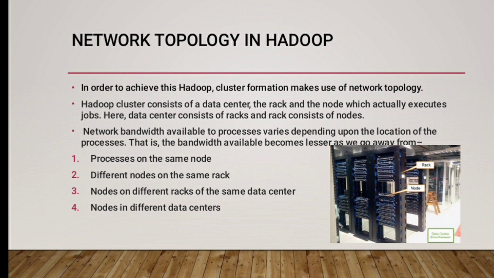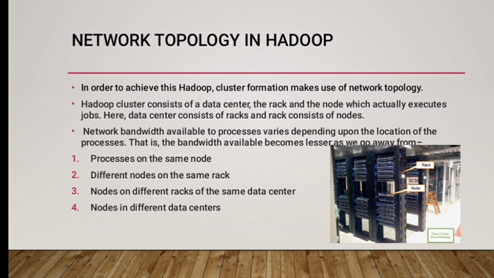Here the distance between two nodes is equal to the sum of their distances to their closest common ancestor. A Hadoop cluster consists of a data center, the rack and the node which actually executes the jobs. Here a data center consists of racks and a rack consists of nodes.